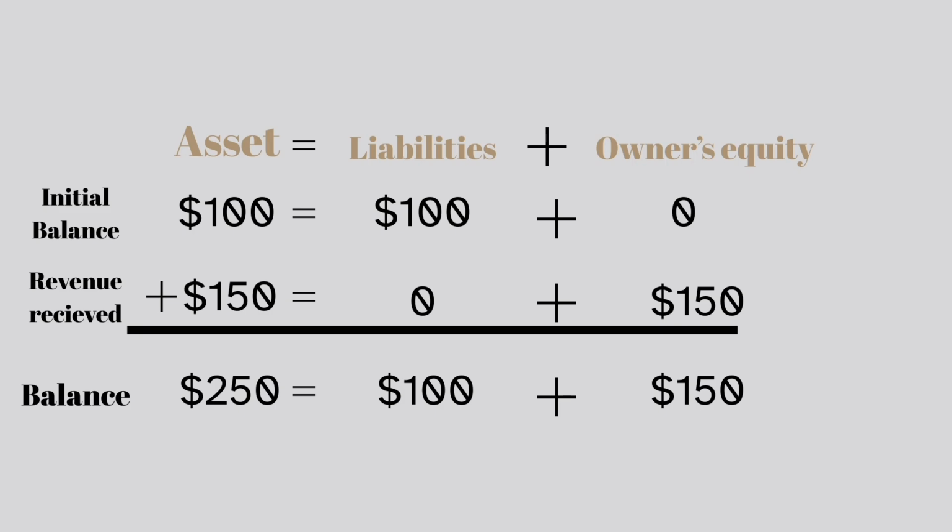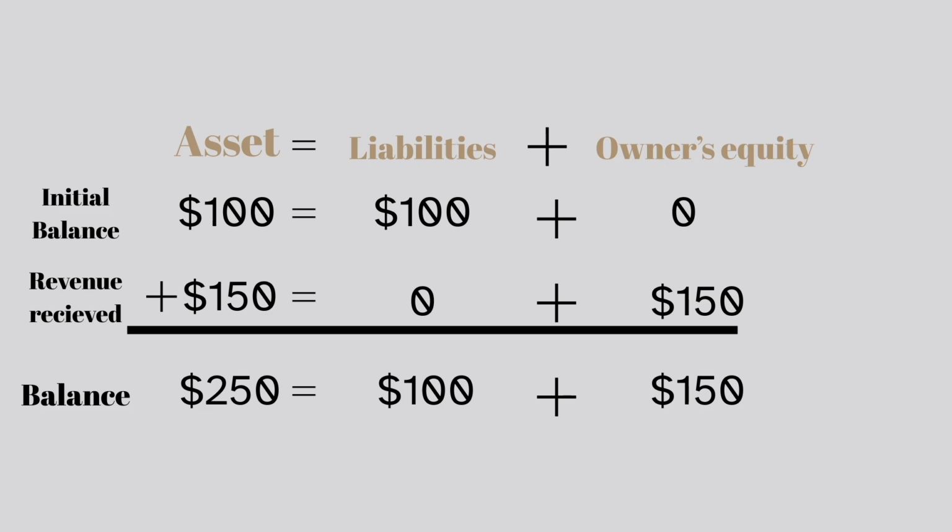So now we receive a cash of 150 naira, and now our liability would be 0. Remember, this 150 naira now is revenue, and so that would impact the owner's equity. As at when we receive the 150 naira, we didn't borrow any money, that is 0.